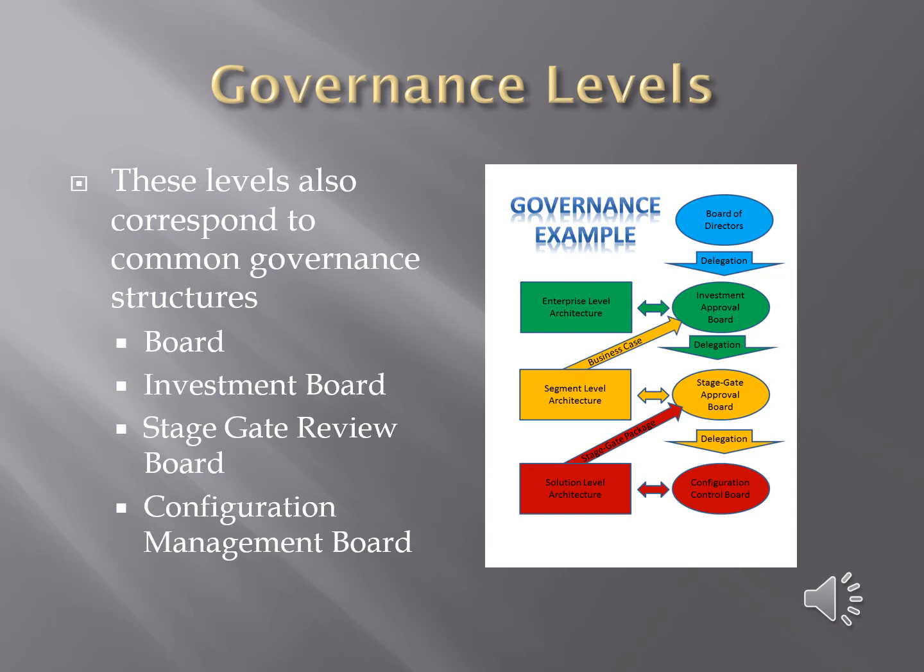Then you have the stage gate review board, and the segment architecture level corresponds to that, with great complexity, moving things forward to assure that the business unit actually improves. And then at the lowest level, the configuration management board can be said to correspond to the solution level architecture. These are just representative. It's not standardized, although perhaps it ought to be.